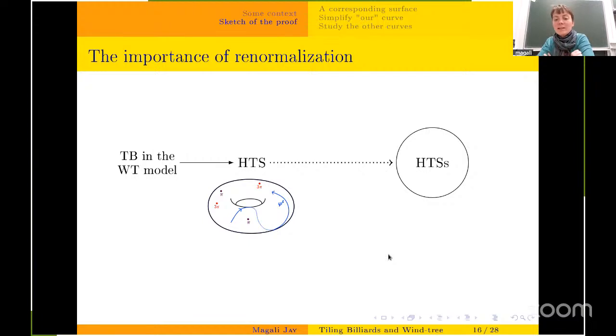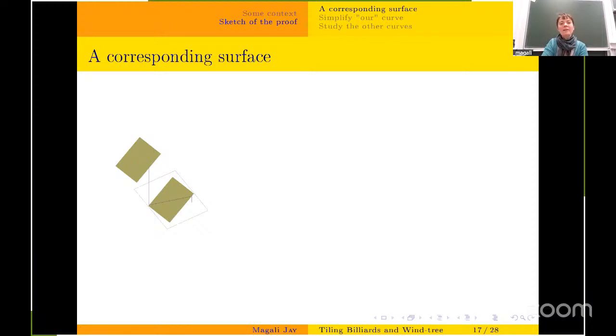To study this geodesic, I use the renormalization trick. So I study the surface in the moduli space. I act with the geodesic flow in the moduli space, and then I come back to my initial problem.